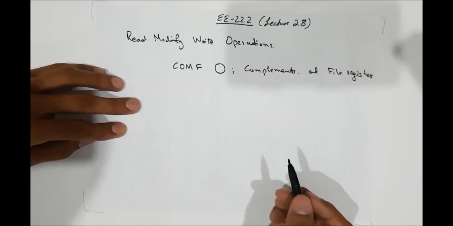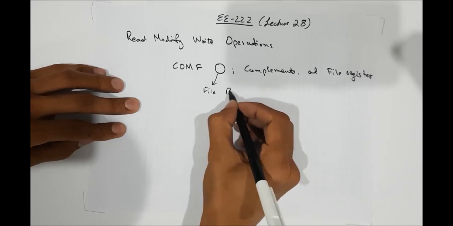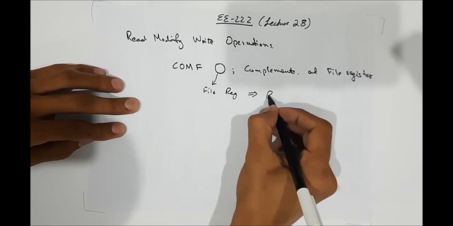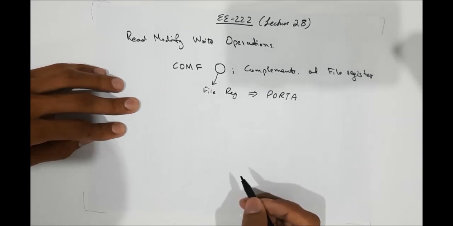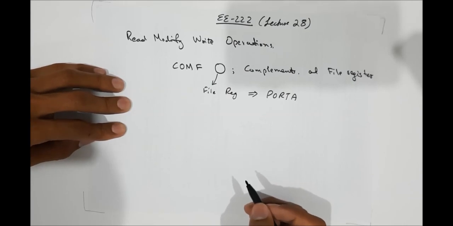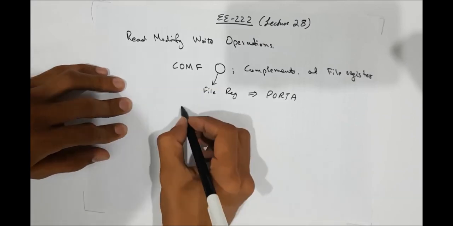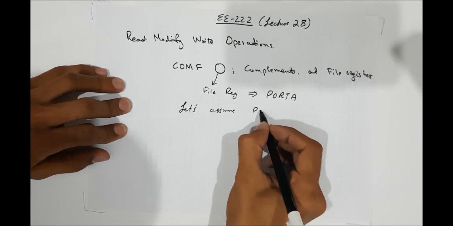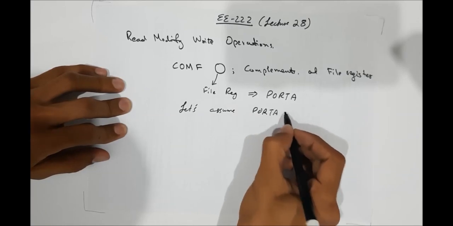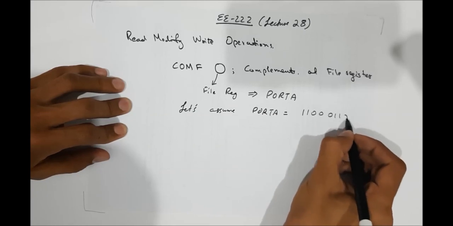Now let's assume this file register was your port A. To complement port A, we first need to read what currently are the contents of port A. Let's assume port A is equal to 11000110.